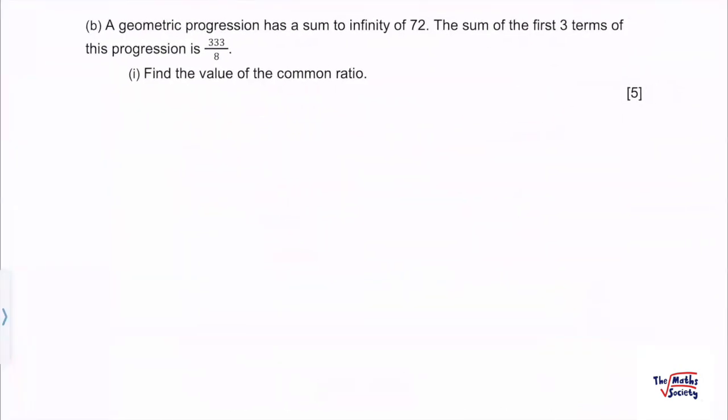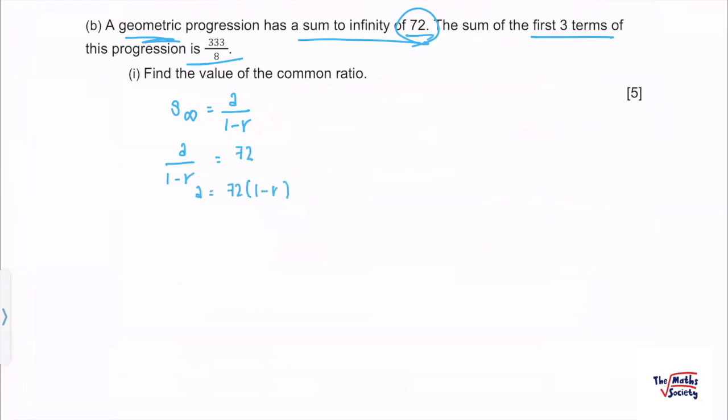So it says for b that the series is geometric, with sum to infinity of 72. And then we have the sum of the first 3 terms of the progression is 333 by 8. So then you're going to have S infinity is equal to a by 1 minus r. Formula, a by 1 minus r is equal to 72. So you have a equals 72 times 1 minus r.